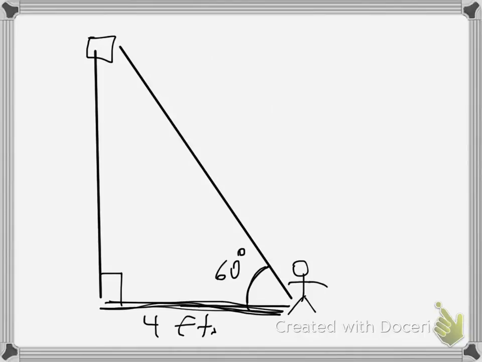And you want to find this height, which we'll call W, because it's the length of the wire you need to connect to the lamp.